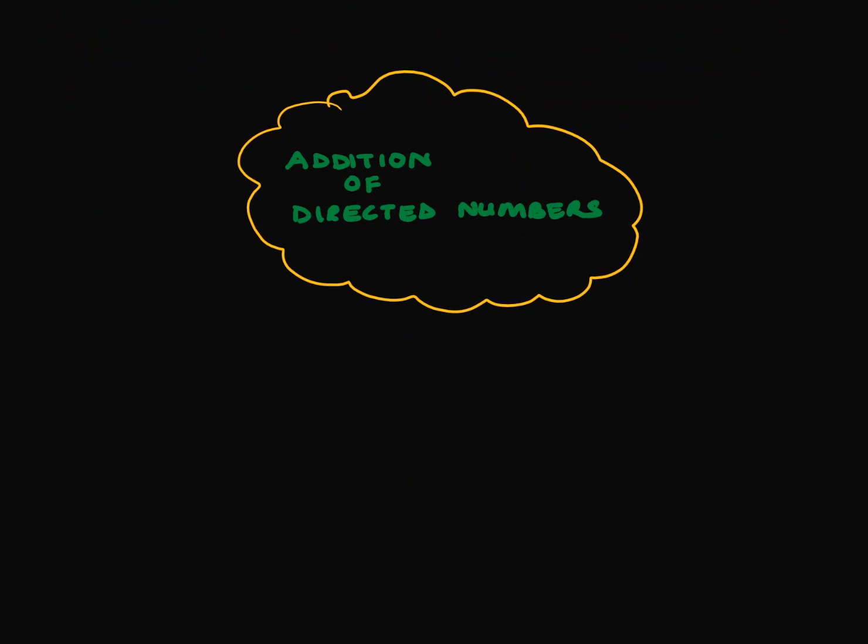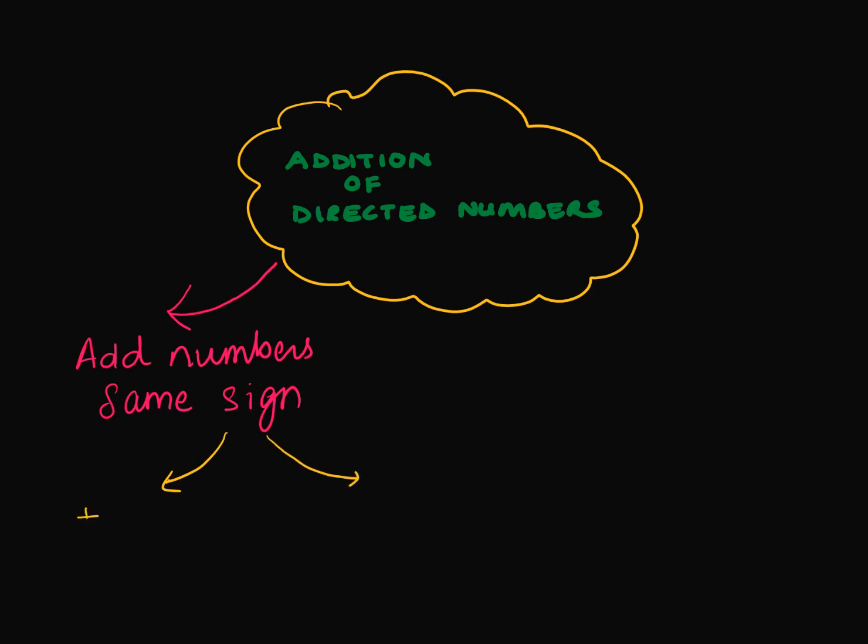Now there are different cases, in the sense that you might have situations when you are supposed to add directed numbers with same signs. So you have to add numbers with same sign. Now under same sign also, it is quite possible that you might have both the numbers with positive signs, or you might have both the numbers with negative signs.